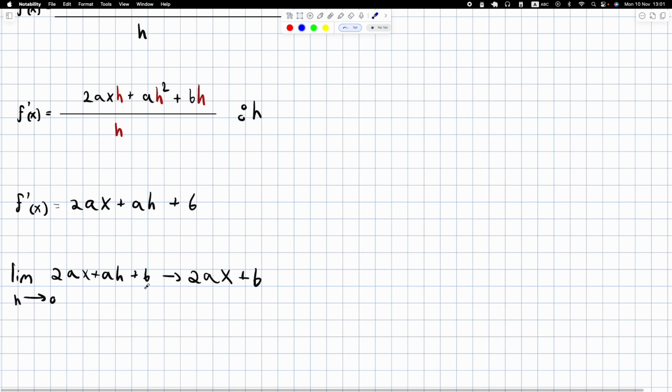What remains is only dependent on x, and on b, which is another constant. So we get that everything is 2 times a times x plus b. Okay, so this is the formula for the derivative, so this equals f prime of x, which is the exact formula.